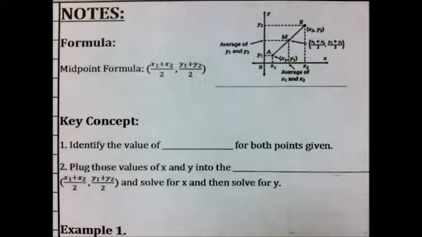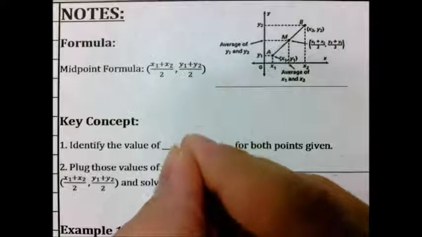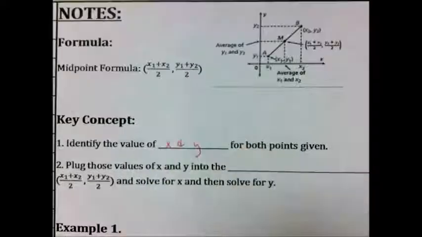So your key concept here is when you're given a problem that asks you to find the midpoint, the first thing you need to do is identify the value of x and y for both points given.